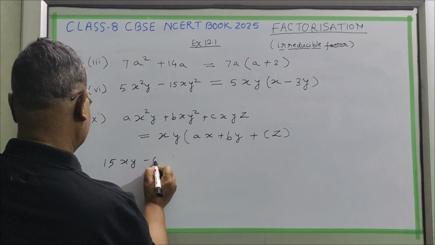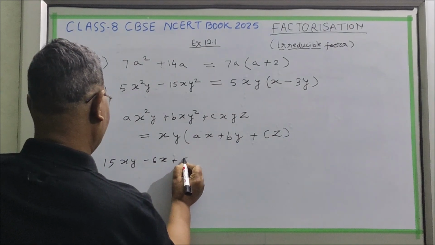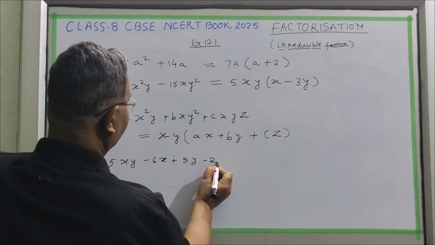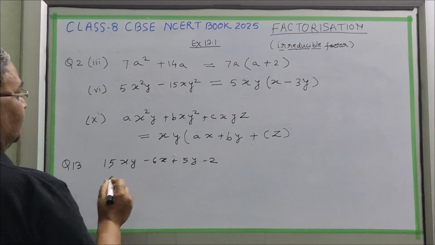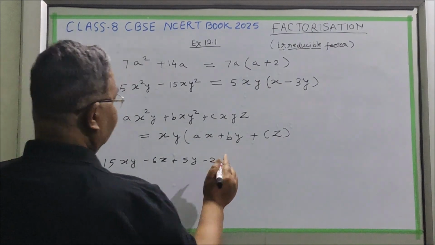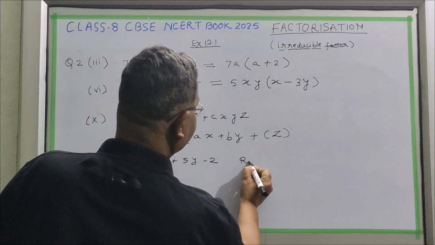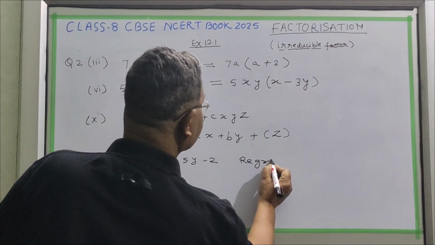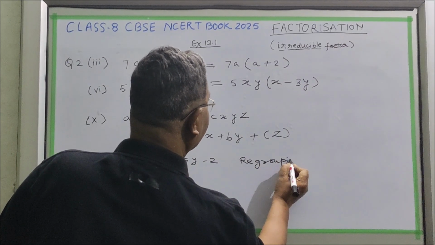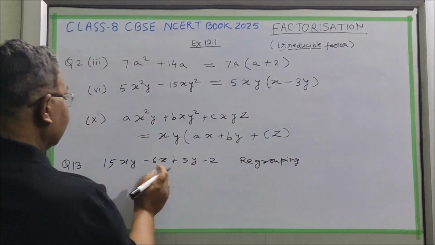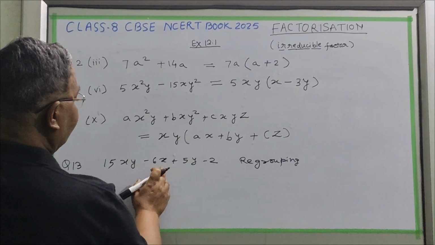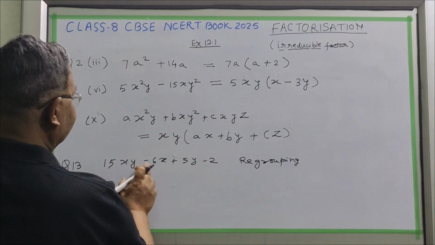xy minus 6x plus 5y minus 2. Here what we will do, these types of questions we will do by regrouping. Regrouping means here xy, but it is not divisible.